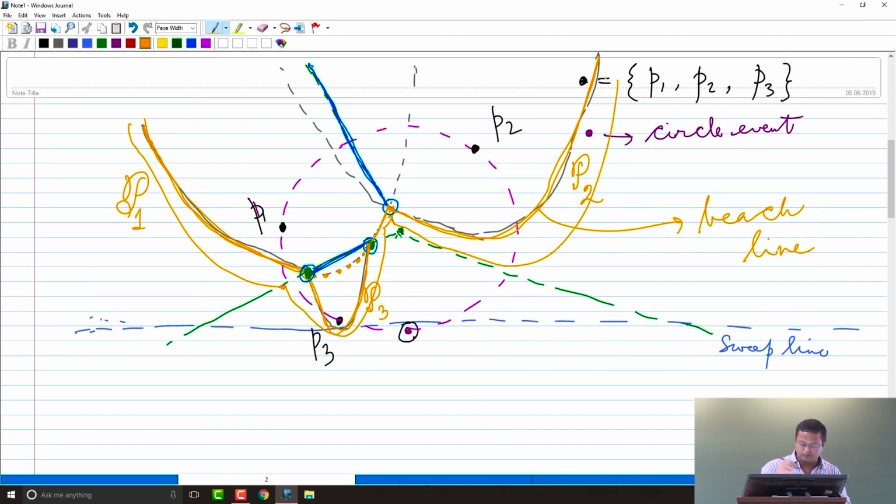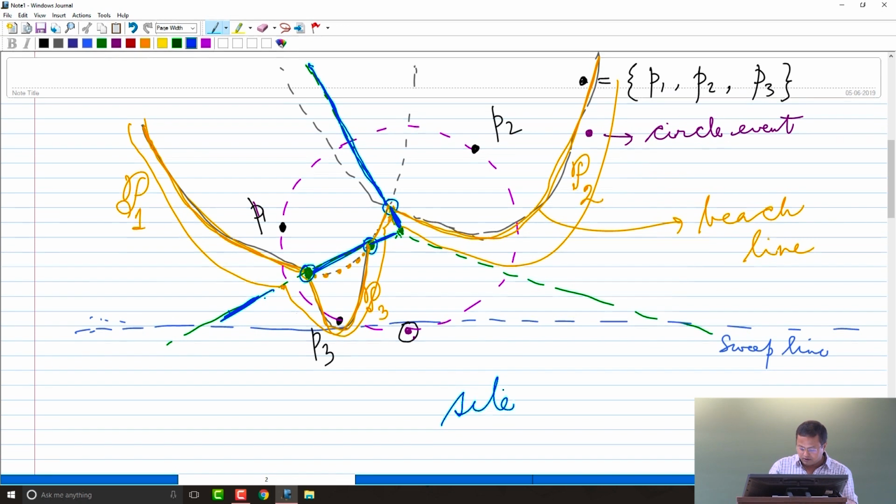So, this is going to trace this remaining part of the edge, fine, and this one, right.